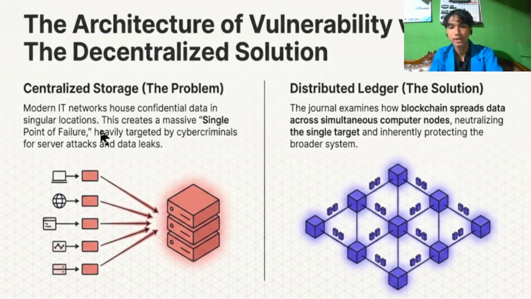This creates a massive single point of failure, heavily targeted by cybercriminals for server attacks and data leaks. On the other hand, distributed ledger is the solution, where the journal examines how blockchain spreads data across simultaneous computer nodes, neutralizing the single target and inherently protecting the broader system.